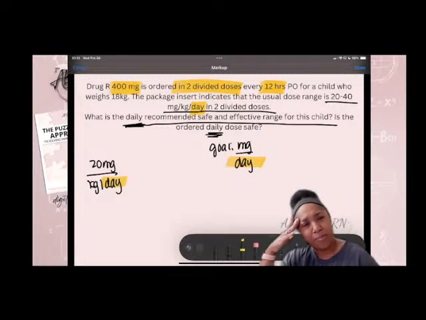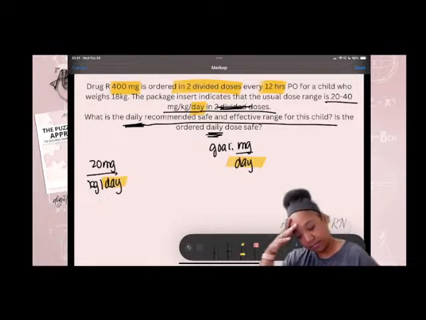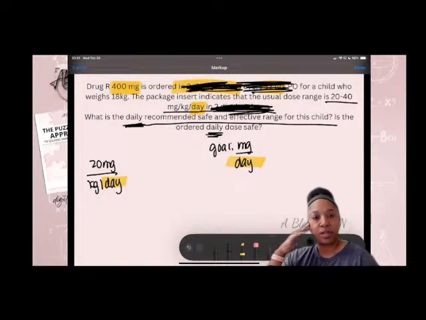Is it asking about dose? No, it's not. So guess what's fluff? Okay? Fluff. Don't let it trip you up.